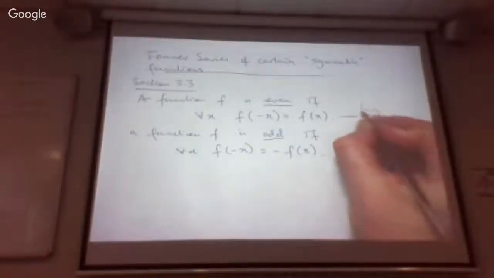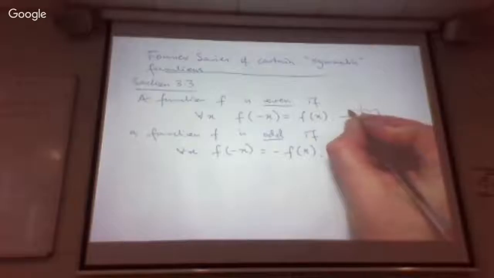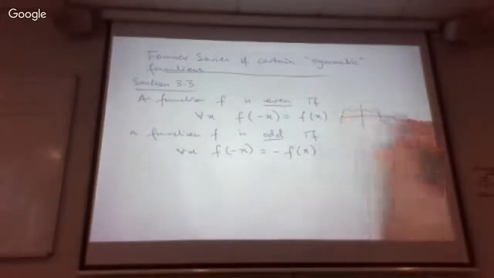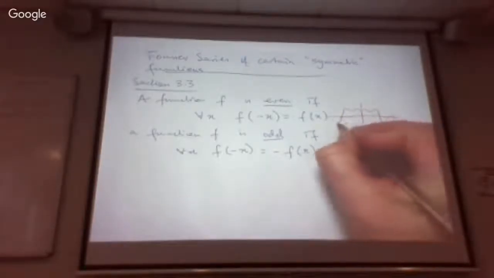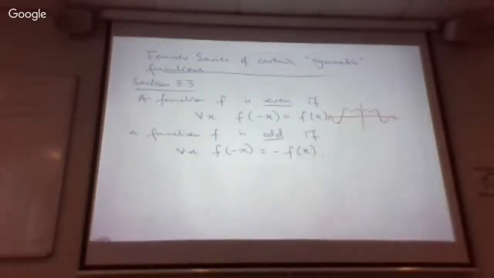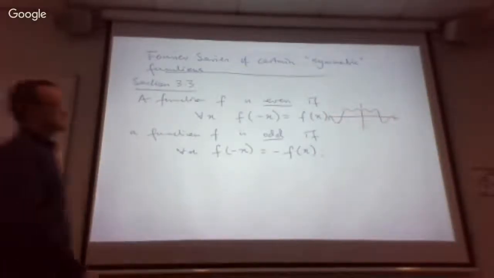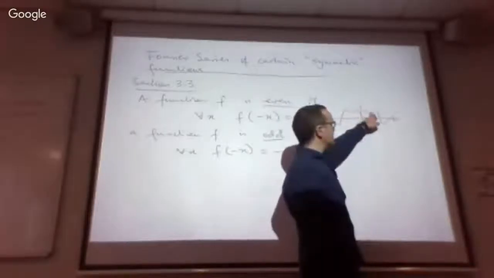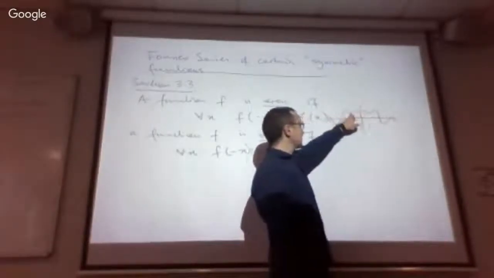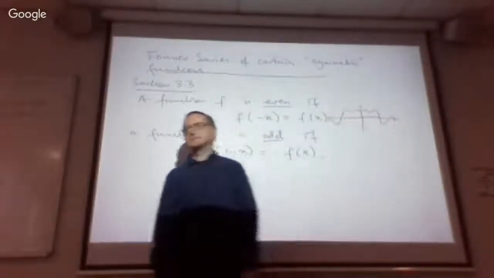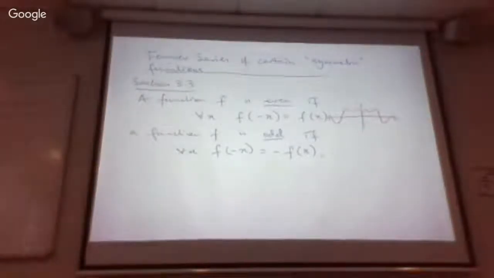So I'll attempt to draw that now. So it kind of waves a bit up there, and it comes down, and goes up again, down again. Okay? It's a terrible picture, but it does convey that whatever it does on the right-hand side, it's doing the exact mirror image of it on the left-hand side. So that's an even function.